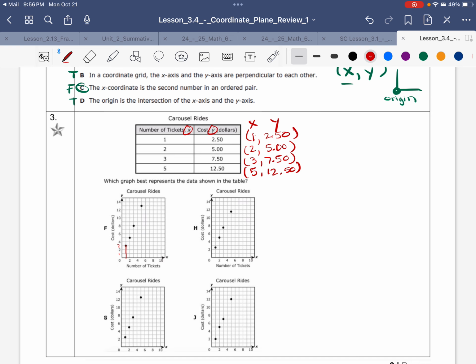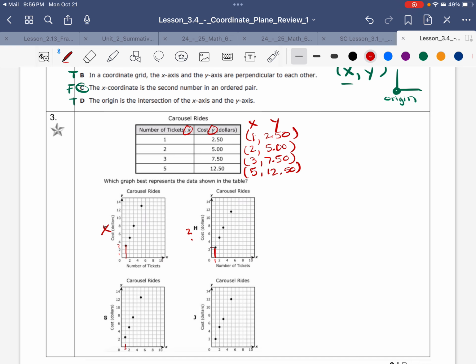So this one says 1 for $3. That's not what we wrote out. We have 1 for $2.50. So let's look here. So this is 1 going up, and it's in between 2 and 3, so that is $2.50. So this is a potential. Let's check this one.